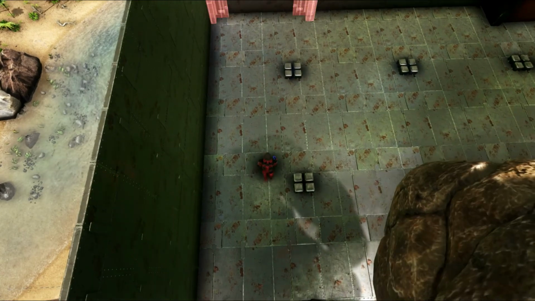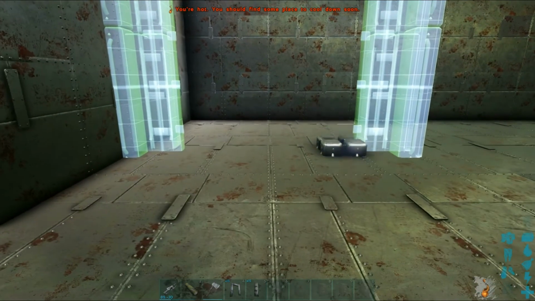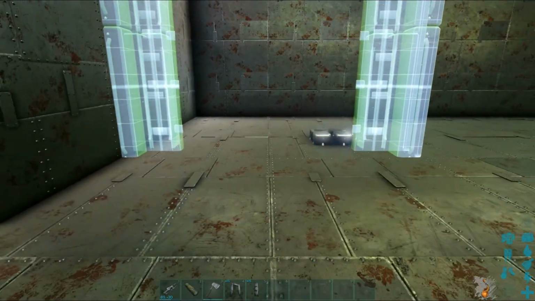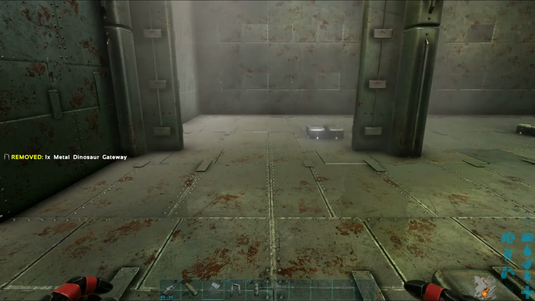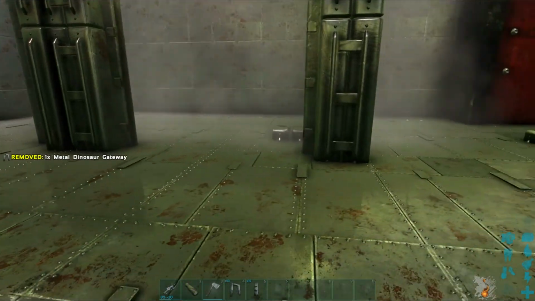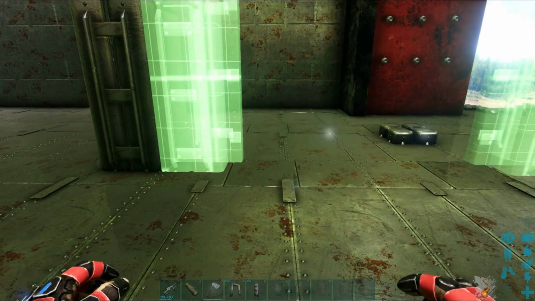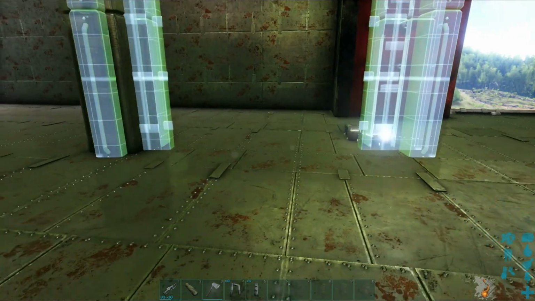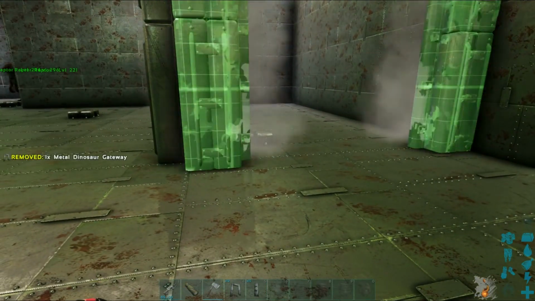There is a good reason, and obviously this is dedicated and aimed at people playing on official servers or servers with the same settings as official servers. So I'm going to try and get this just right. So as you can see, the dinosaur gateways do tend to snap to each other, which is quite good, and the dimensions of these pens, as there will be 2 pens, will be 2 dinosaur gateways by 1.